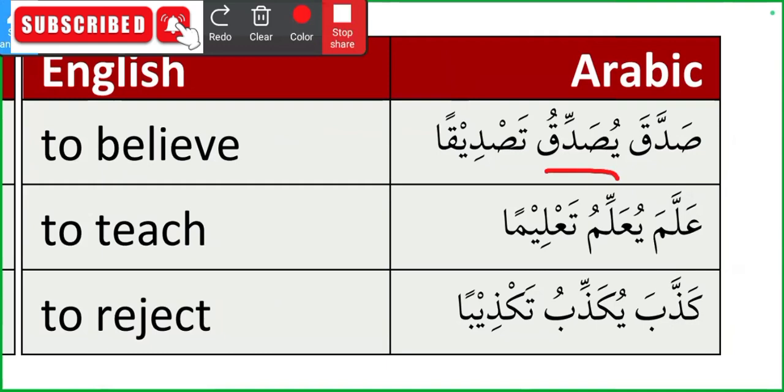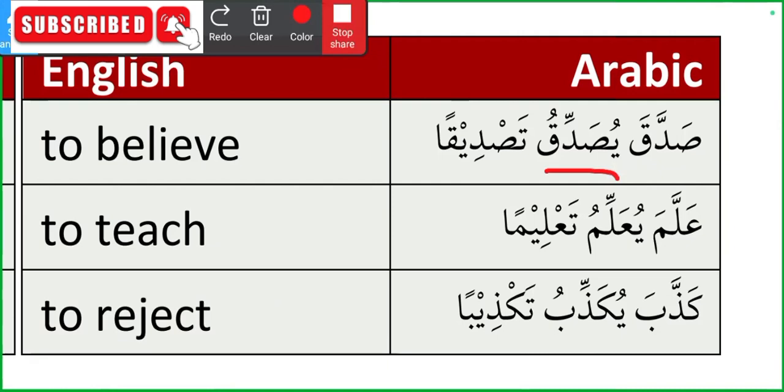يصدق already has the dhamma, so the dhamma remains the same. Only the kasra on the ain kalima changes to a fatha. So it makes yusaddaqu. Maruf is also starting with a dhamma and majhul is also starting with a dhamma, right?